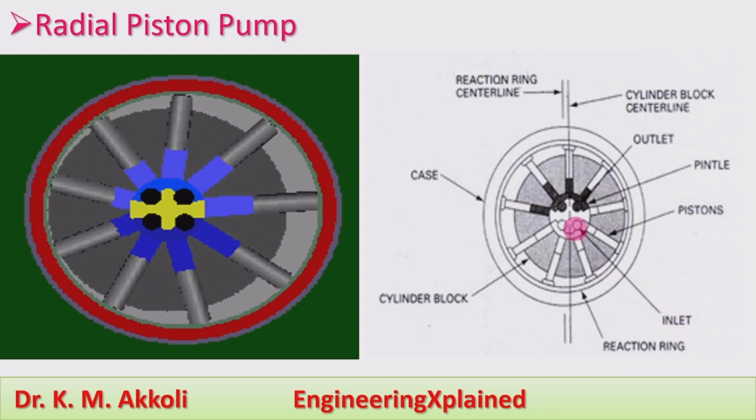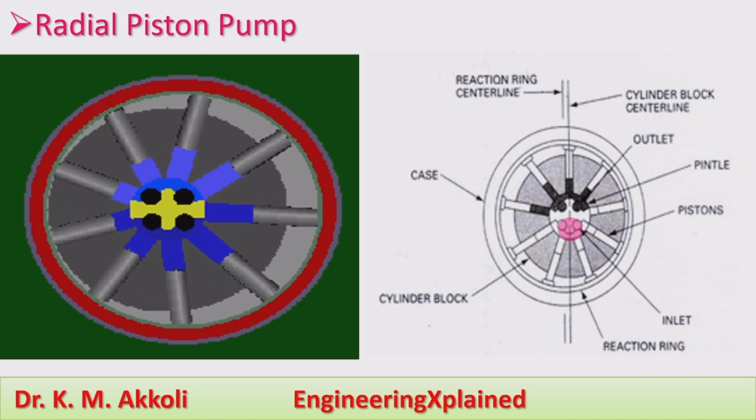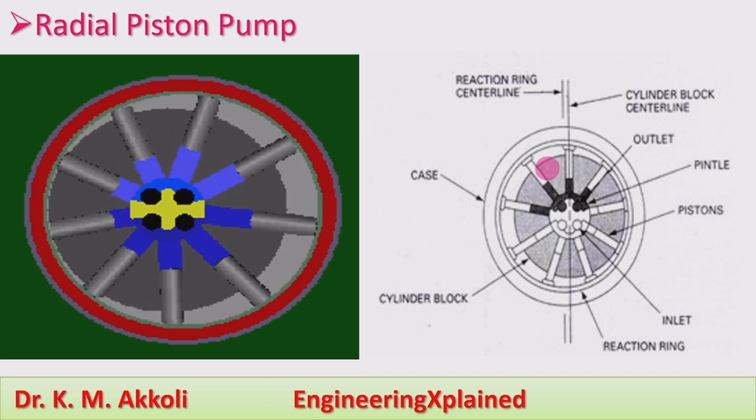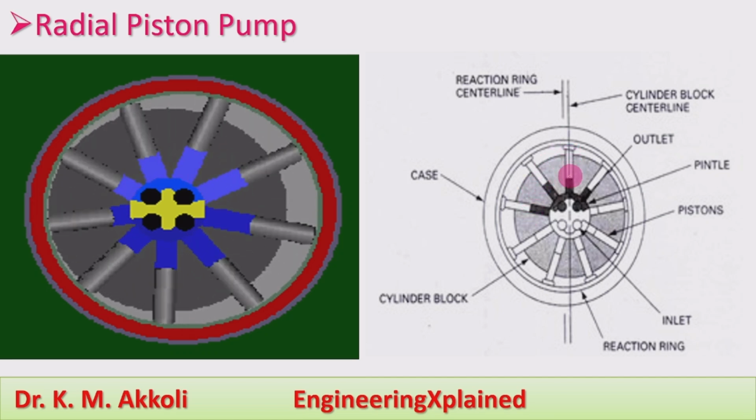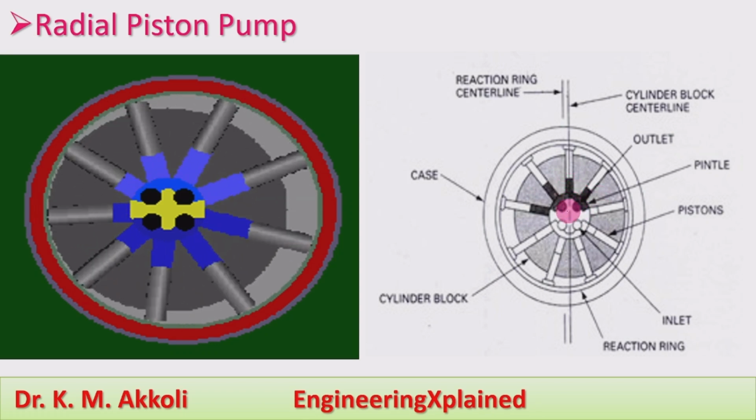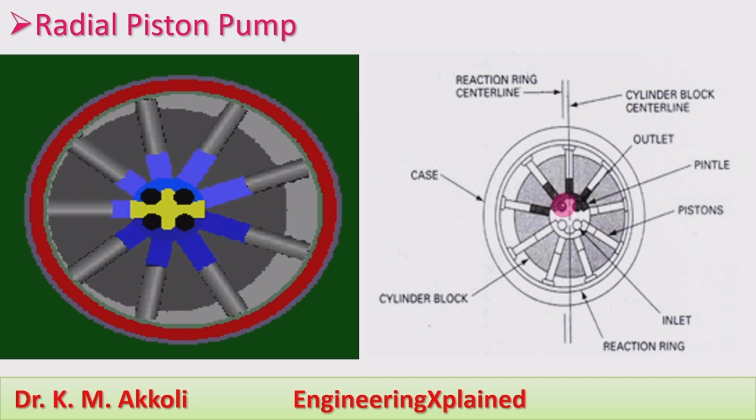Through the inlet valve, during the extraction of the piston, the fluid enters inside the cylinder, and whenever it moves to the other side, retraction of the piston inside the cylinder will be taking place, and thereby discharge of the fluid will be taking place.